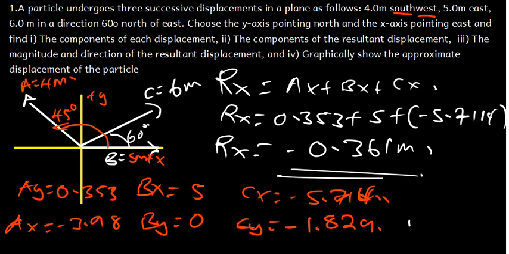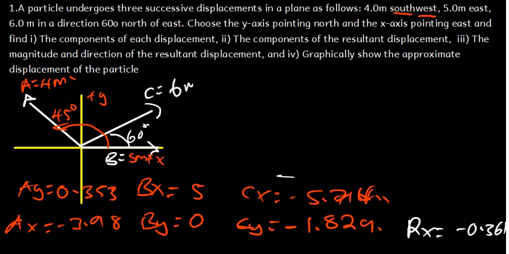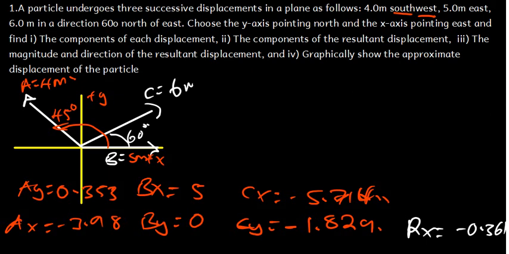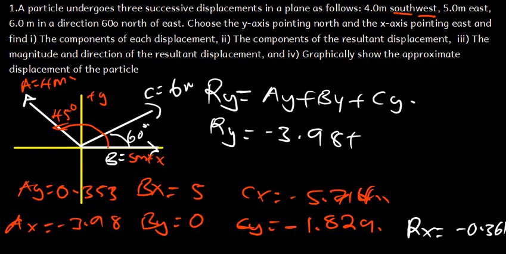Let me just put it here: negative 0.361. That is the x component of the resultant. Now let's find the y component of the resultant. Ry is going to be Ay plus By plus Cy. So our Ay is negative 3.98, and then plus our By is 0, plus our Cy is negative 1.829.